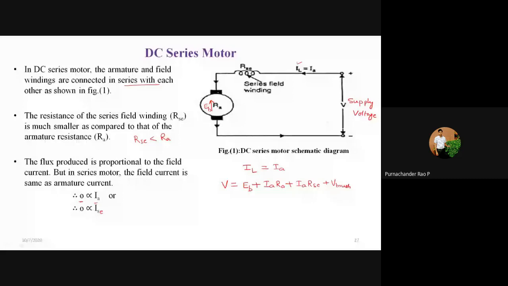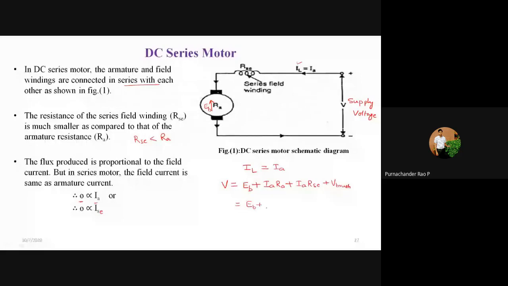Therefore this will be equal to EB plus IA into the equivalent resistance RA plus RSE, plus the voltage across the brushes. So this is the terminal voltage equation for the series motor.